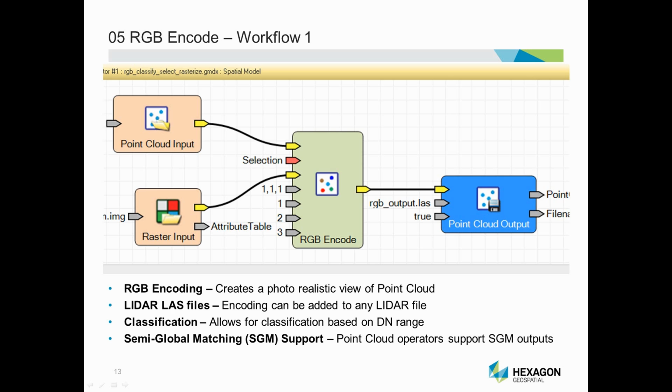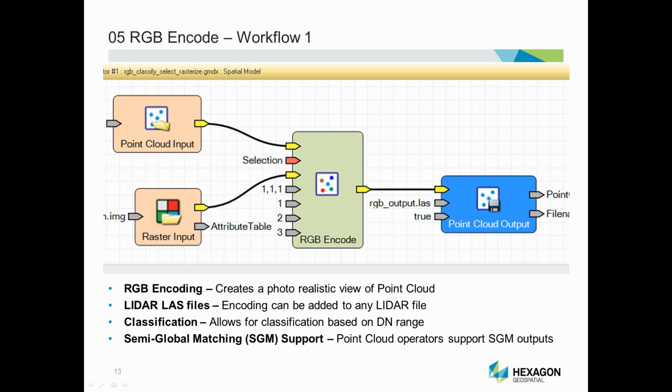Classification allows for the classification based on a DN range of values. So you're separating the point cloud out into different values, different classes based on object heights and vegetation heights and that kind of thing. And there are some selection options you can choose to include or exclude in the classification engine that gets you a better classification output. And semi-global matching support: point cloud operators support SGM outputs.